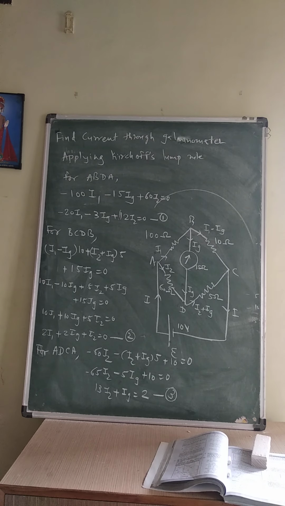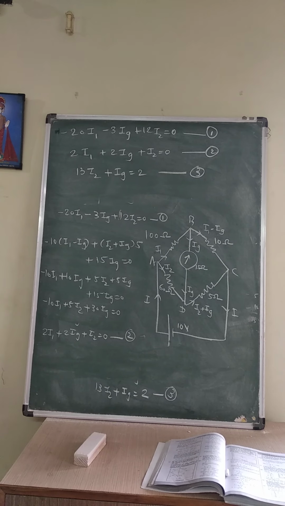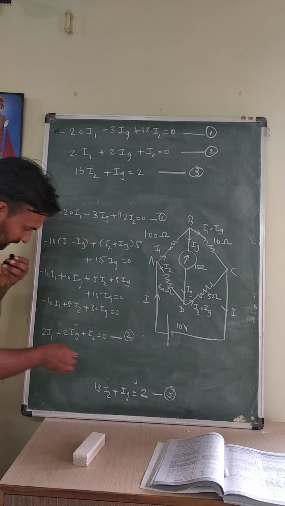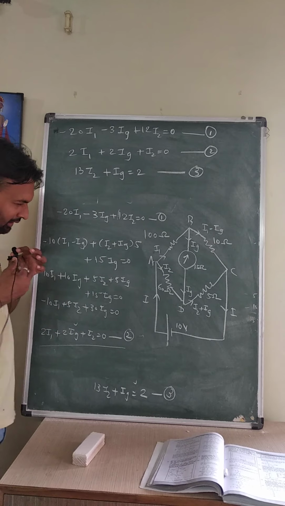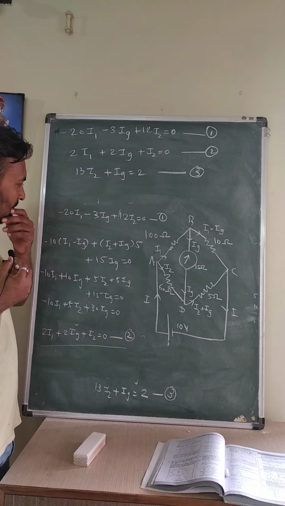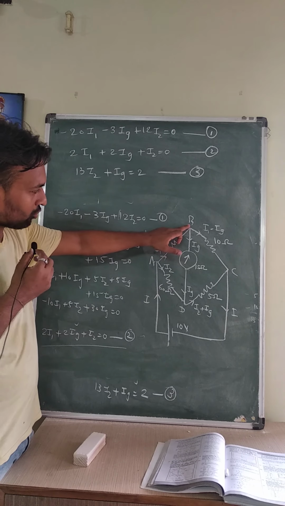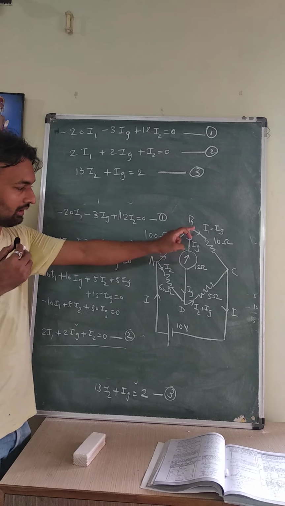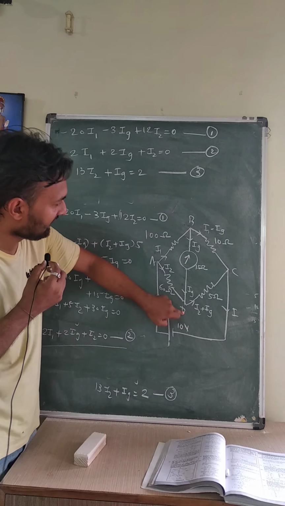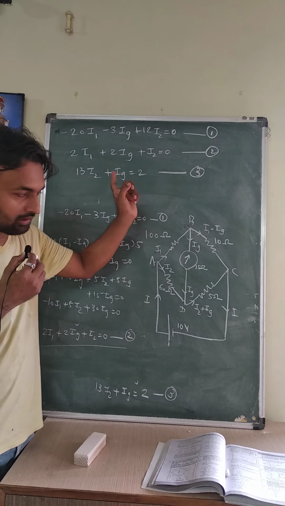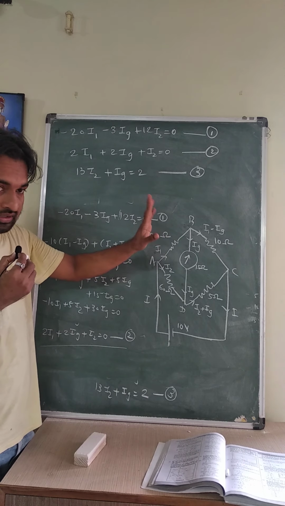Now we'll go ahead with... sorry, to derive equation number 2, a little mistake was made, just for a sign convention. I'm repeating the same thing again. We considered the circuit B, C, D, B, and our journey through the circuit is in a clockwise direction.